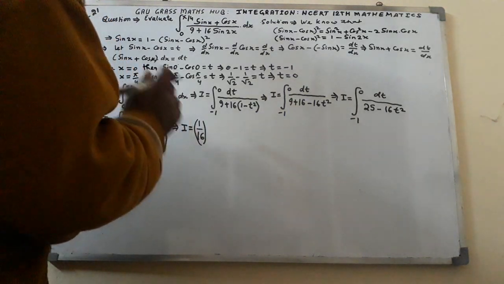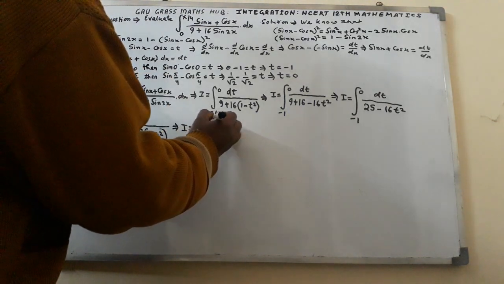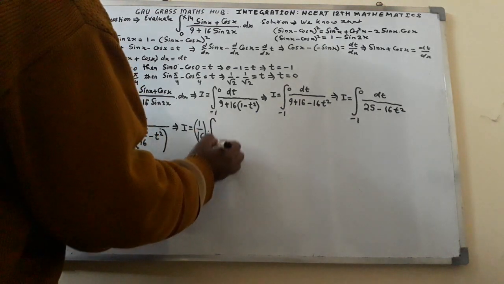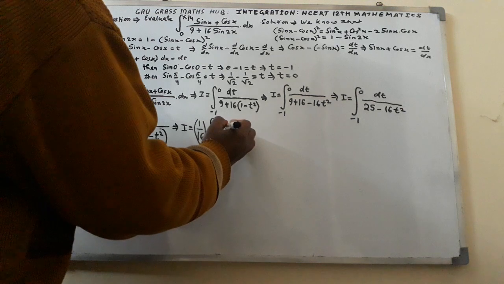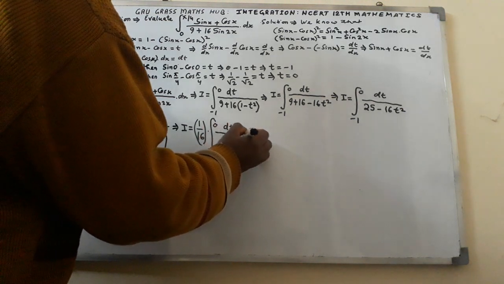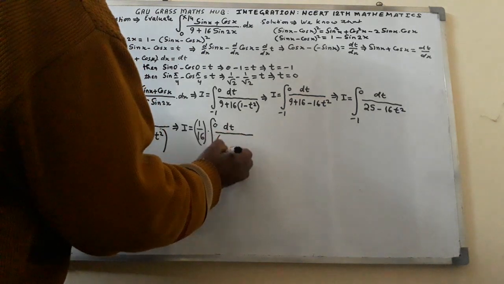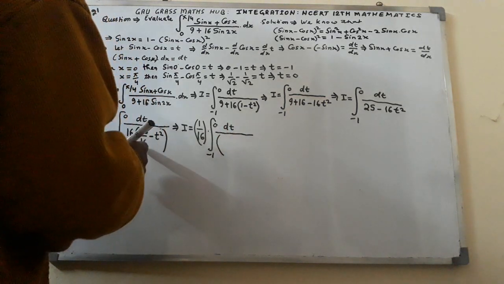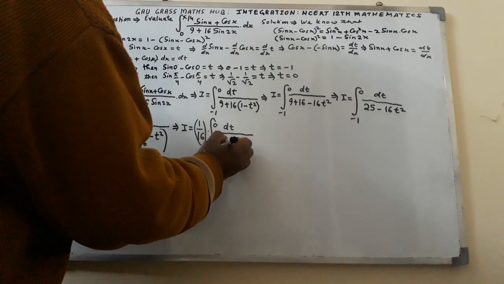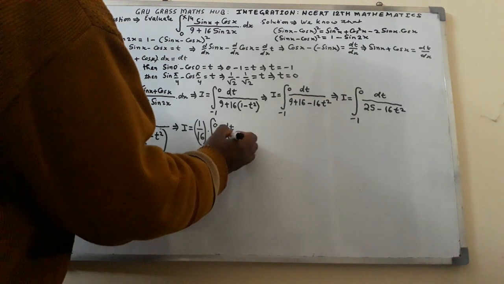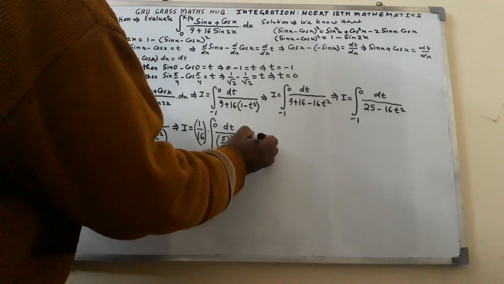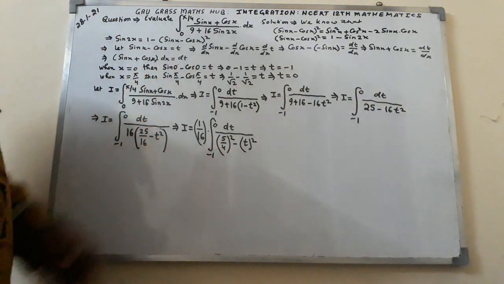Integral from minus 1 to 0, dt whole over, 25 over 16 can be written as (5 over 4) whole square minus t whole square. This thing will be written.